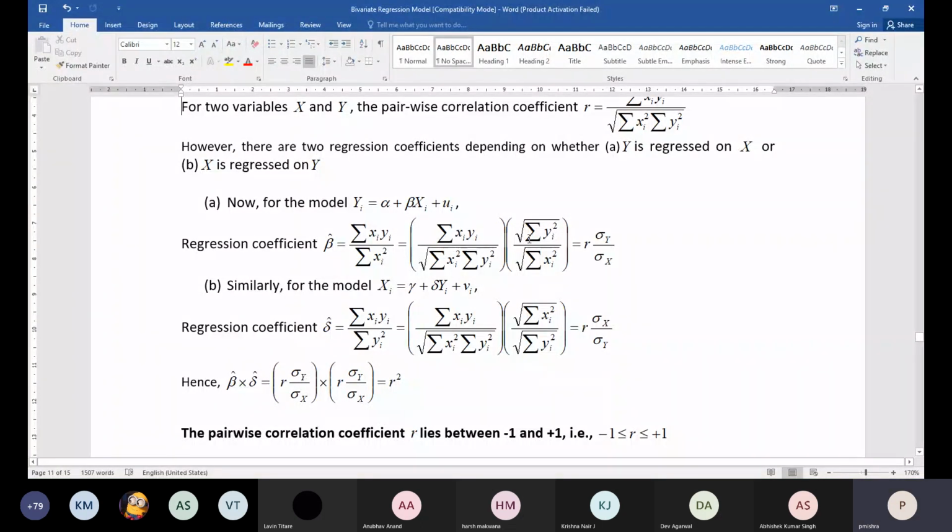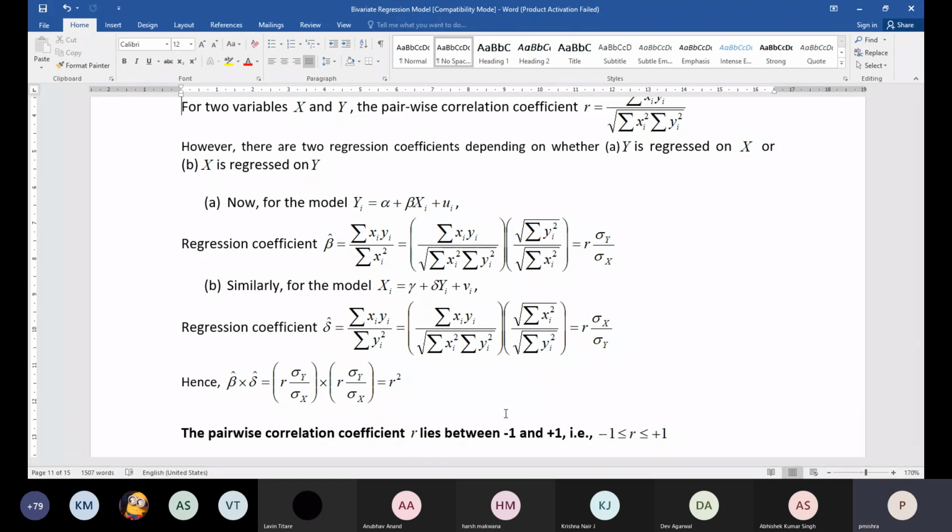Now if I divide this by n and also this by n, then these are nothing but sigma y and sigma x respectively. So what we are doing, we are expressing beta hat in terms of correlation coefficient between X and Y, then sigma Y and sigma X.